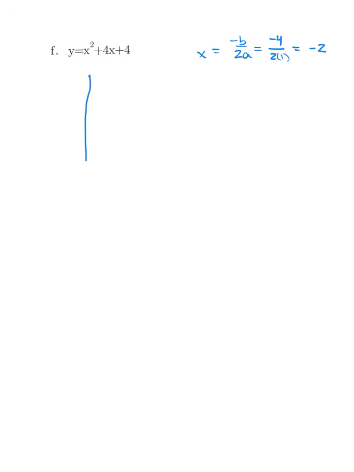If we go ahead and create our table, I'm going to have negative 2 at my center. Above that, I want to go negative 3 and negative 4. Below it, I want to go negative 1 and 0. So let's go ahead and start plugging in.